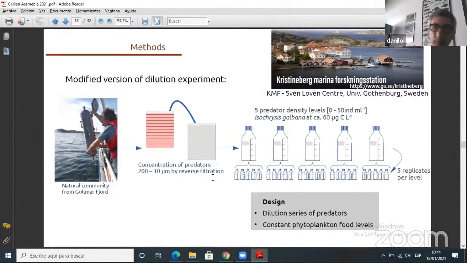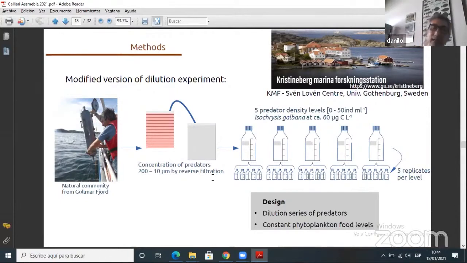And then we resuspended and diluted that community of predators in 5 levels, with densities between 0 and 50 individuals per milliliter of the microzooplankton.